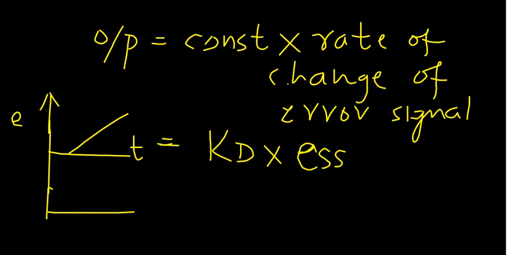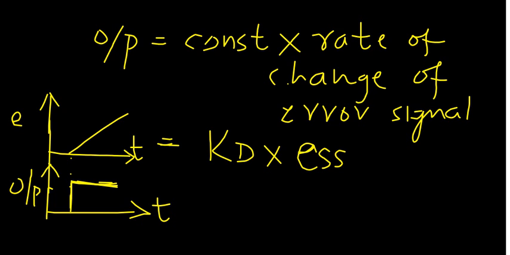So now when you combine all these things, whether it is proportional, which is very primitive but has its own issues, integral, and derivative, you have what you call a PID controller.